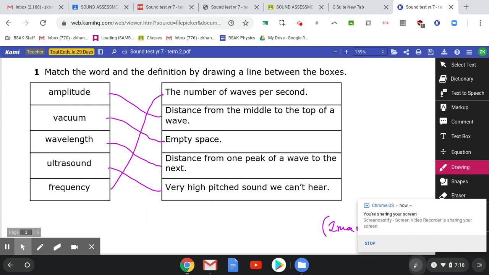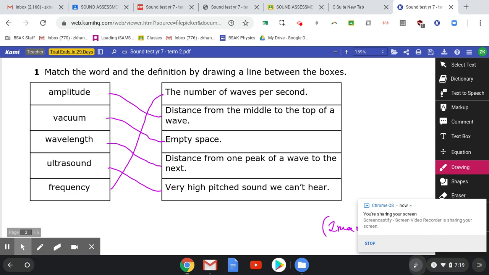So question one, we have to match up the words to the definitions. The amplitude is the distance from the middle to the top of the wave.